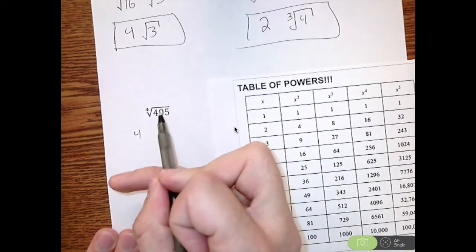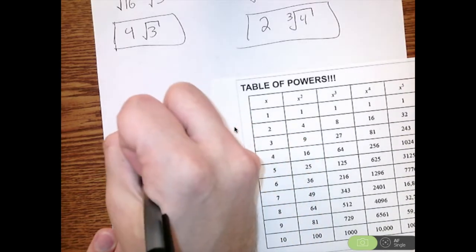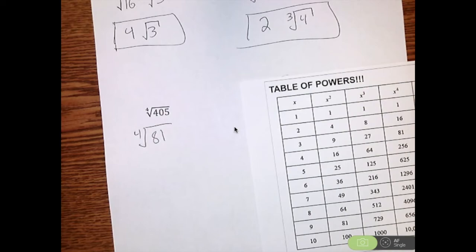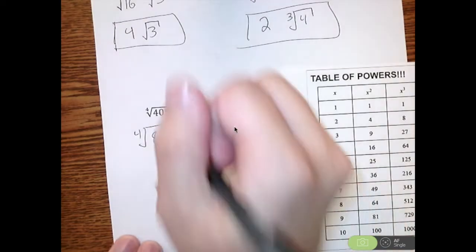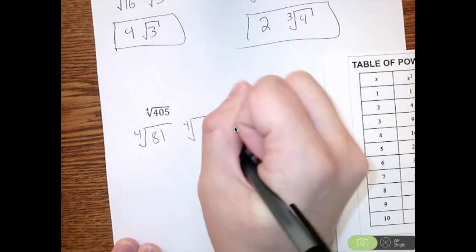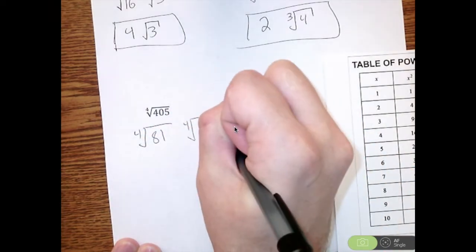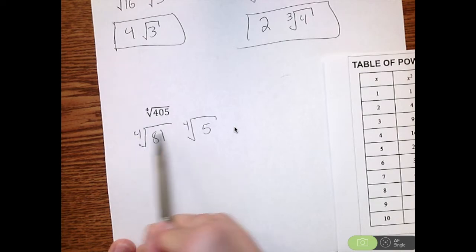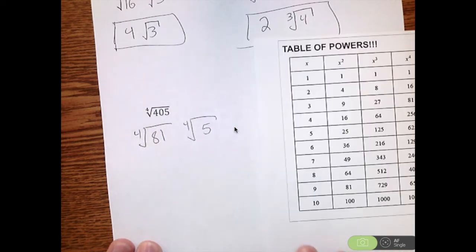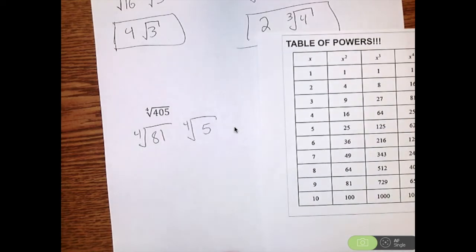Notice, again, I'm keeping the root. This was the fourth root, so I have the fourth root down here. So I'm going to have the fourth root of 81, and 81 times a number gets me 405. That number is 5. Again, notice how the power on the roots is the same from the beginning. All that's left to do is figure out the fourth root of 81.